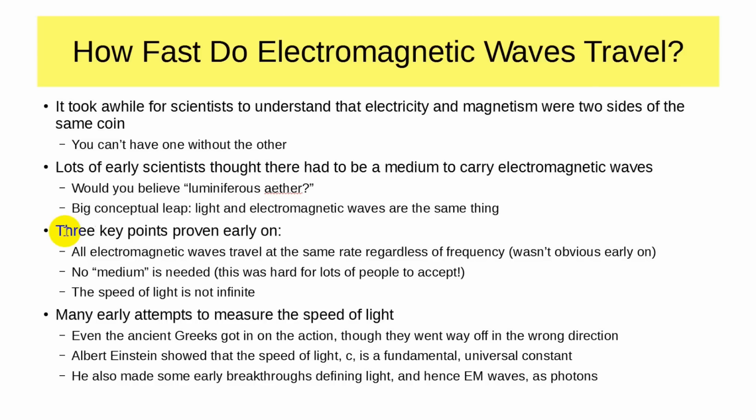Some fundamental universal constants, when divided by each other, yield the speed of light. Albert Einstein went a little further and made some early breakthroughs in defining light, and hence all electromagnetic waves, as photons. Photons are particles. And so you ask, well, is light or electromagnetic waves a particle? And the answer is yes, it's both.